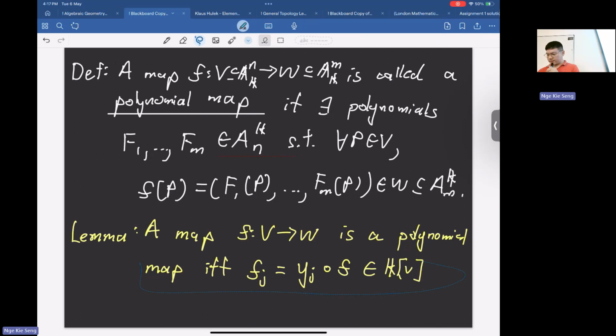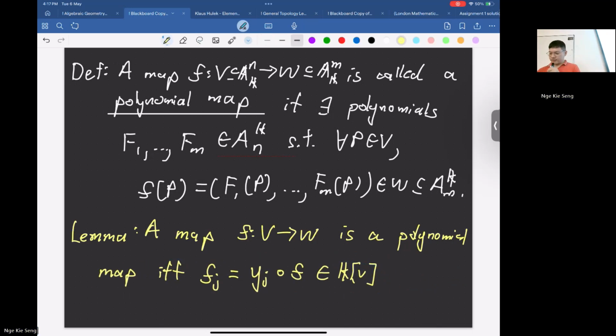So still remember what's this coordinate ring here? This is defined as a quotient ring. What's this quotient ring? KV. What quotient by what? There are two dimensions here.